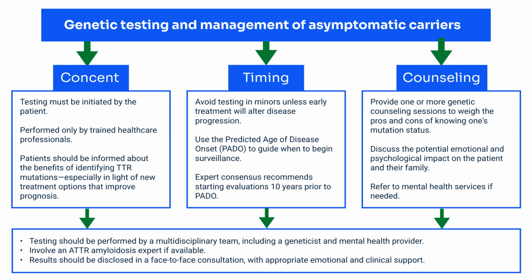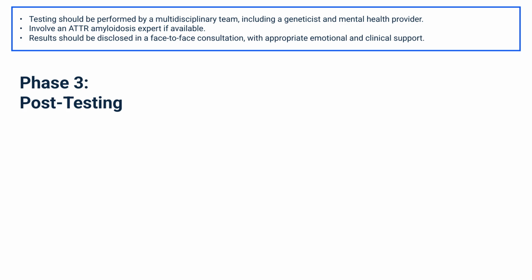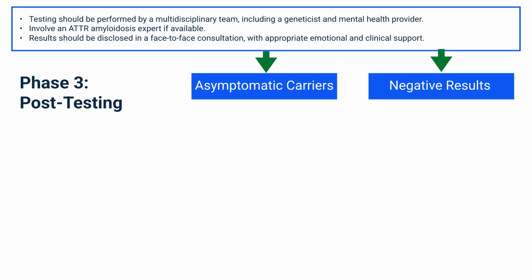And importantly, test results should never be given over the phone or via email. They must be delivered in person, ideally during a dedicated consultation with plenty of time for discussion, questions, and emotional processing.